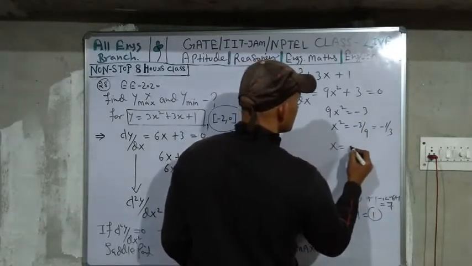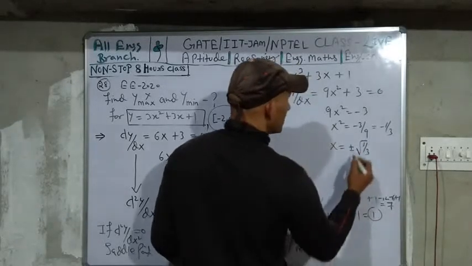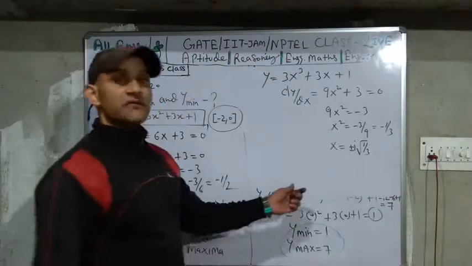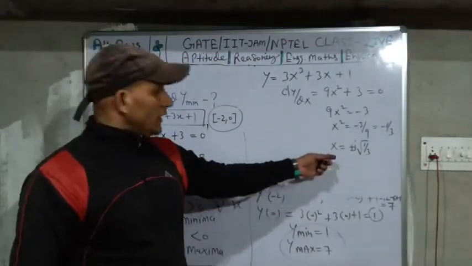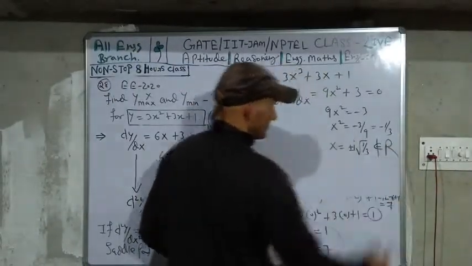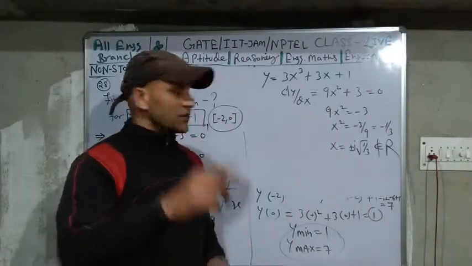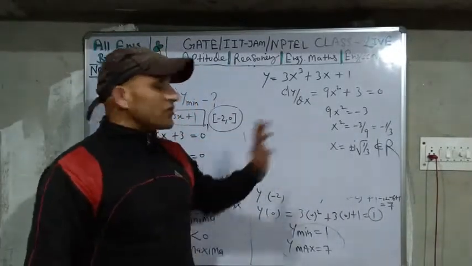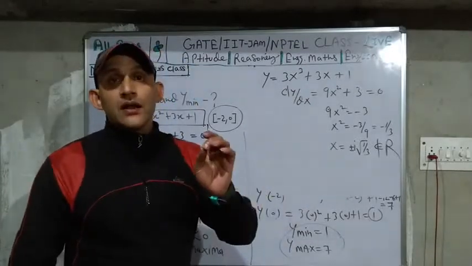It means that x = ± square root of (-1 upon 3), an imaginary value. So it cannot be defined, because it does not belong to R. You must note, it is not possible to find the maximum and minimum because the points are not real numbers.